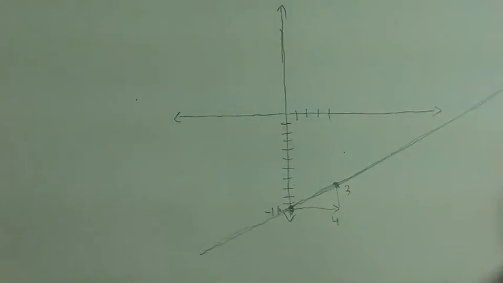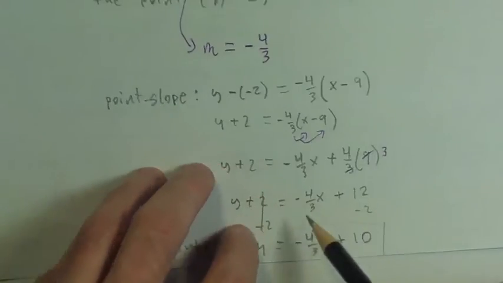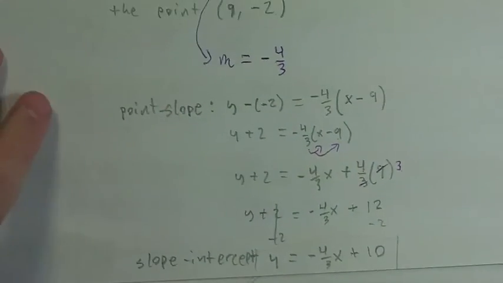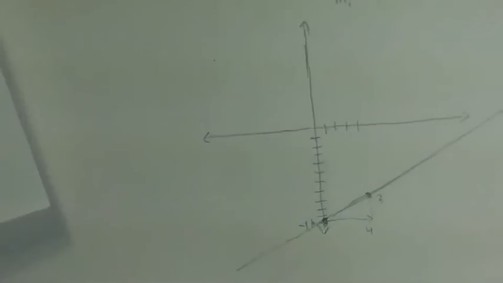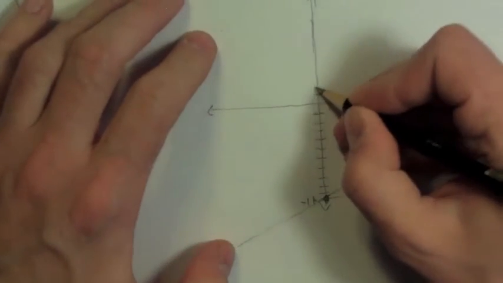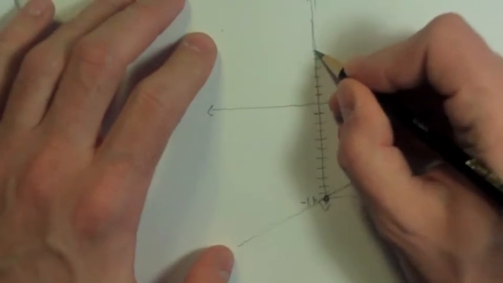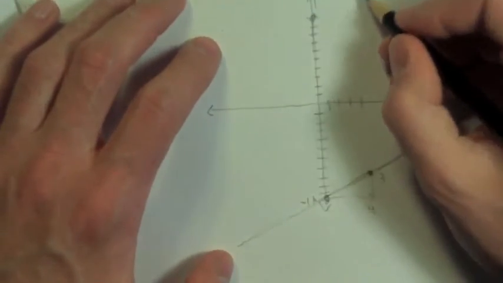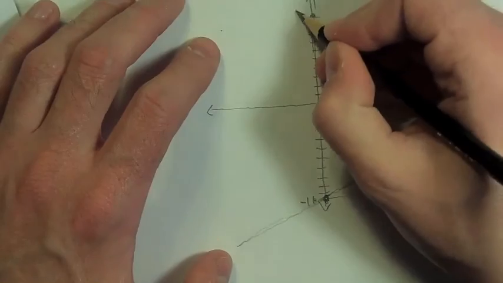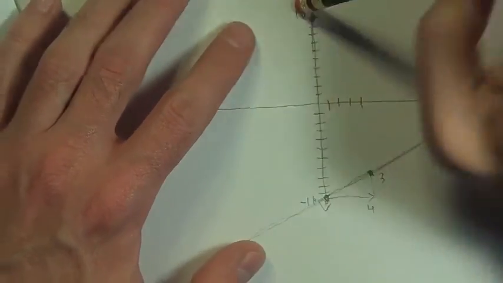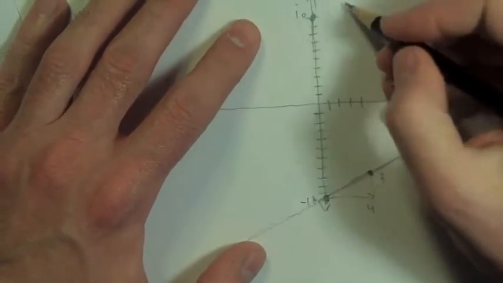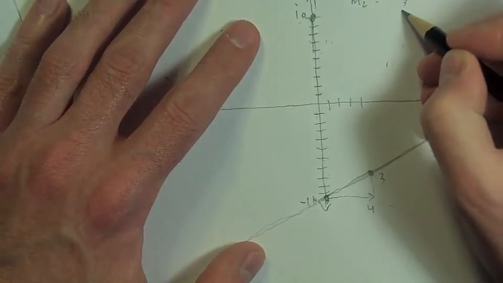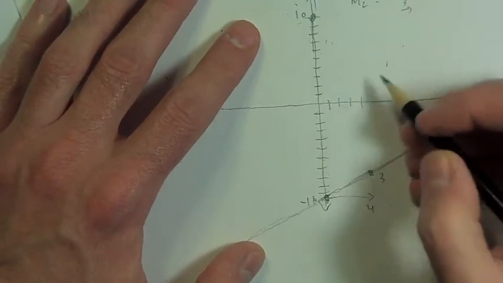For my next line, I have y is equal to -4/3 x plus 10. So for this one, we go all the way up to 10. 1, 2, 3, 4, 5. And for the second slope, it's -4/3. So we're going to go out 3, down 4.